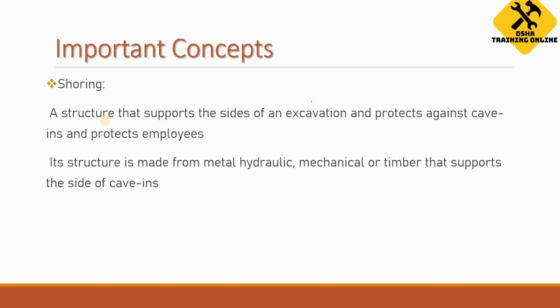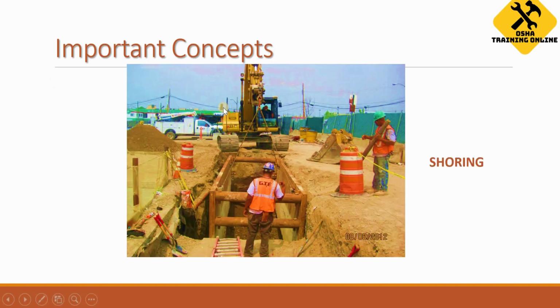We make shoring in order to protect the worker, to make the sides of the excavation hold, so they do not fall down on the worker. So in order to protect the worker, we surround the area of the excavation with shoring. How? Let's see in the picture. As you can see, this is an excavation.